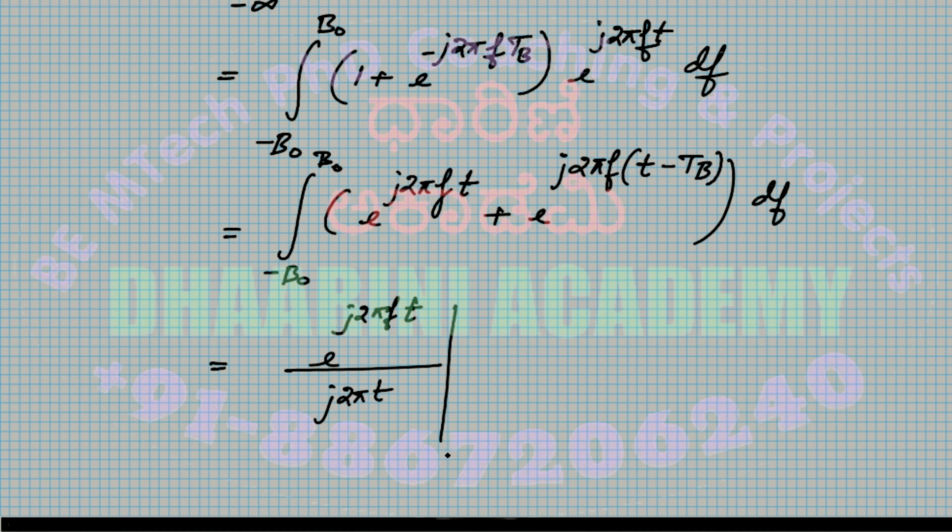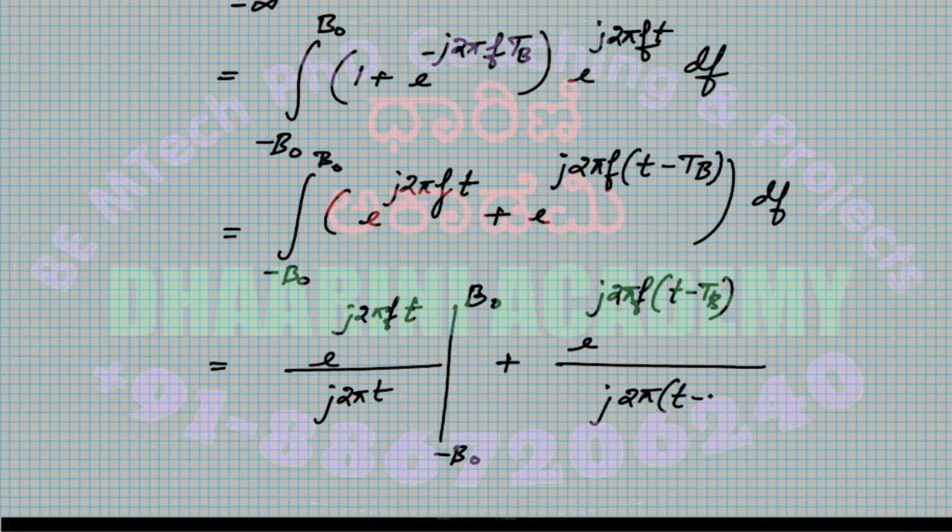Substitution happens from minus B naught to plus B naught, plus once again e to the power j 2 pi f into (t minus tb) divided by j 2 pi into (t minus tb). Once again substitute minus B naught to plus B naught.